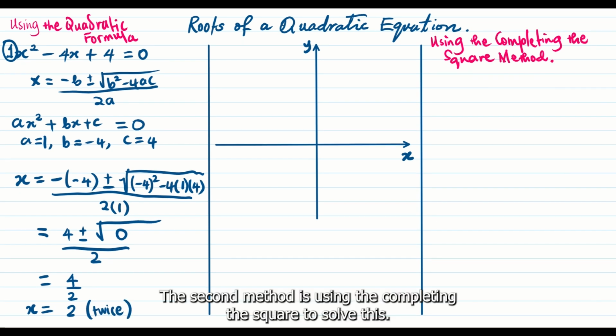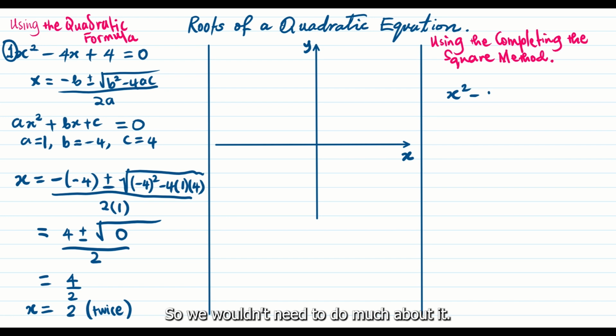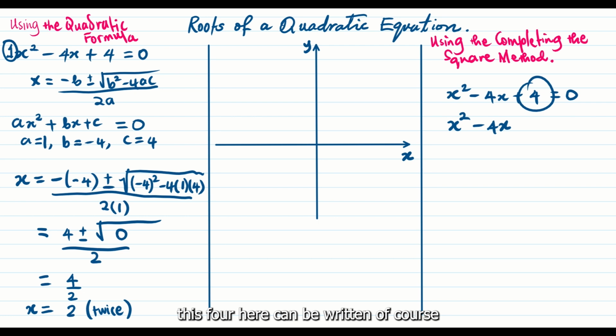The second method is using the completing the square to solve this. What's peculiar about this question is that it's already a square, so we wouldn't need to do much about it. I already know this is a square, because if I rewrite this as x squared minus 4x plus 4, this 4 here can be written, of course, as 2 to the power of 2, equals 0.